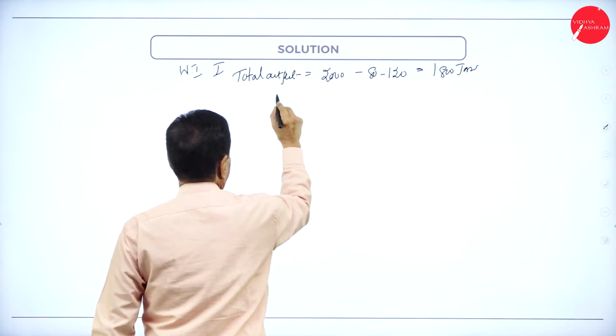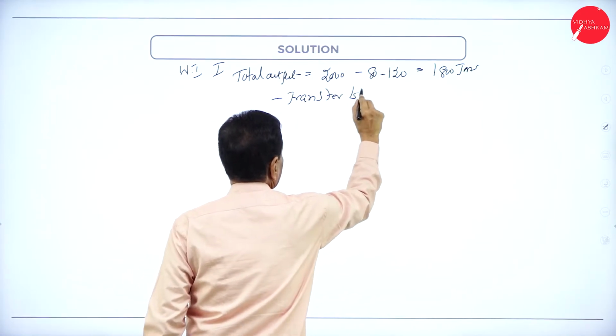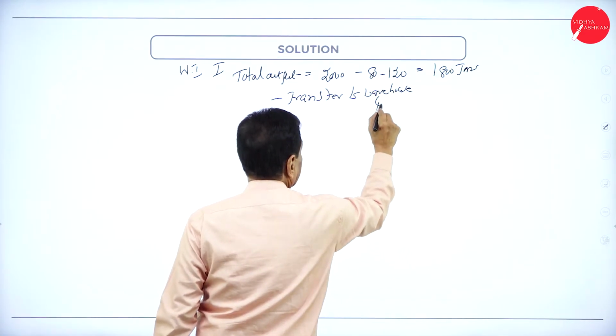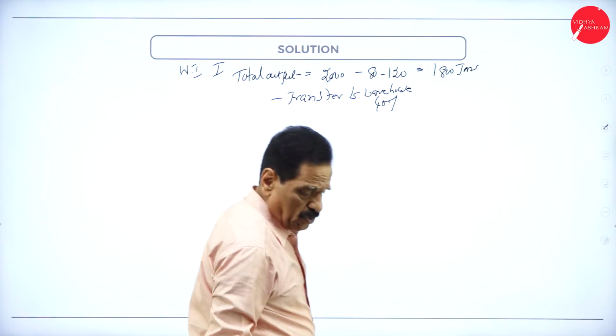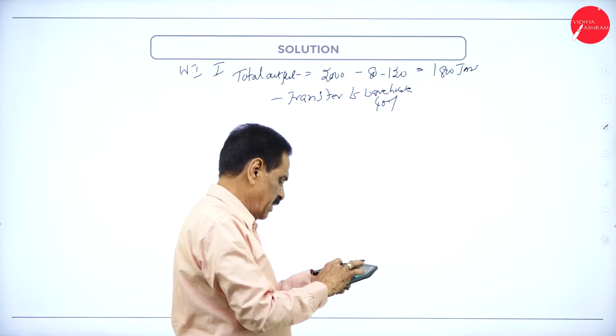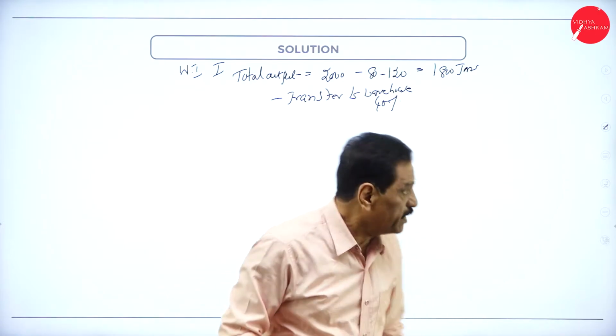Minus transfer to warehouse 40%. 1,800 into 40 divided by 100. So that is 720 tons.